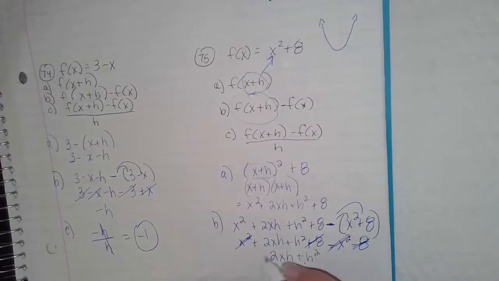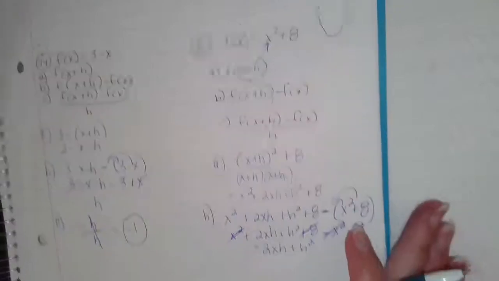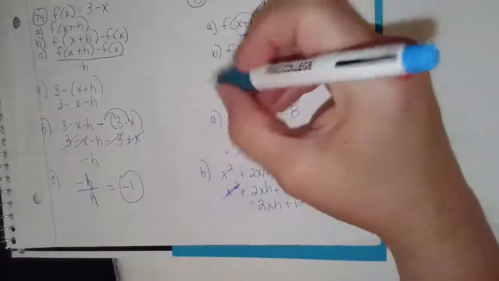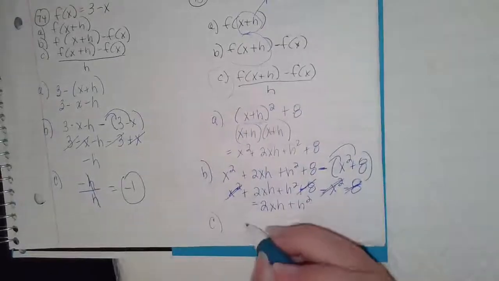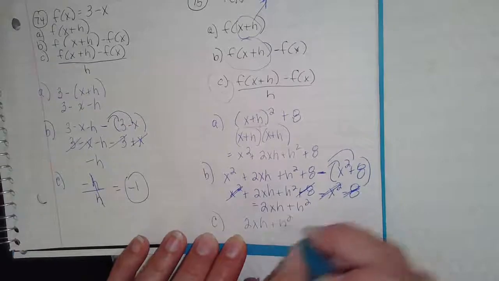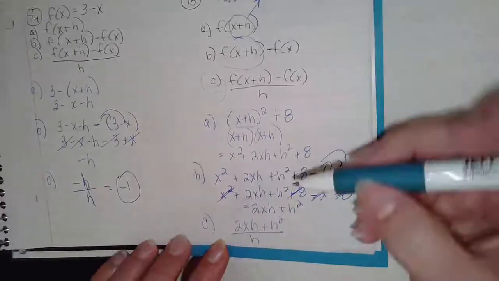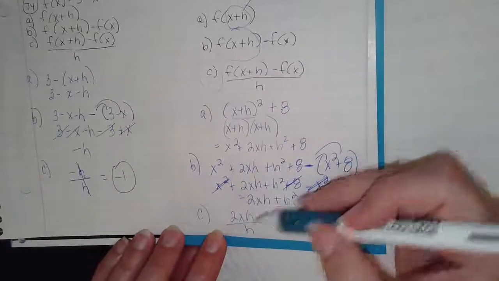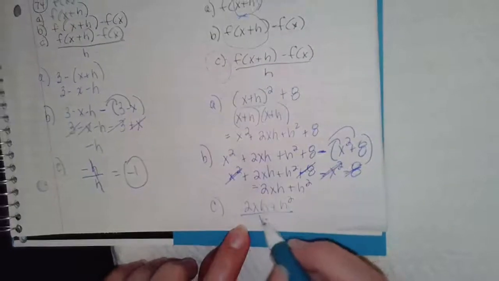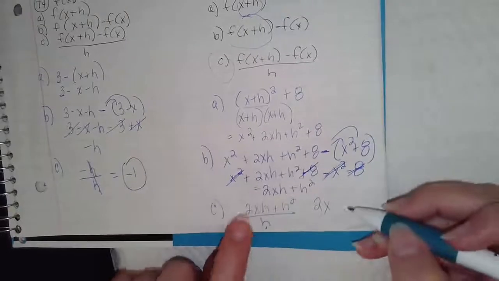All your terms that are left in B part, just to check your work, should have h's in them. So when we do C part, we take that answer and divide by h. That's the last step. Each of our terms should have an h, so when you divide each of these by the h, one of the h's drops out, making that just a 2x because the h's cancel.